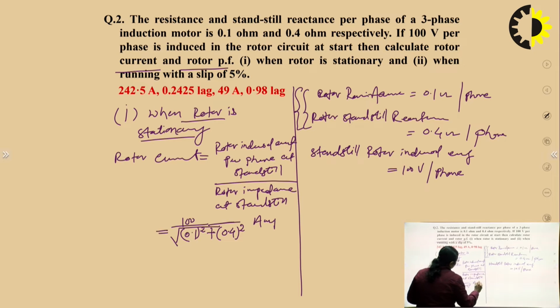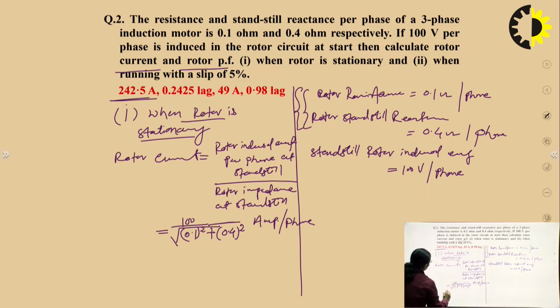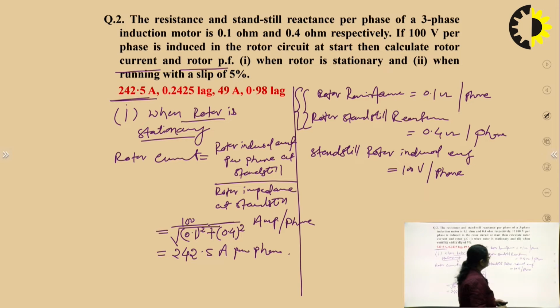Solving this, you will get the rotor current in amperes per phase, equal to 242.5 ampere per phase. So, this was about the rotor current at the time of standstill.